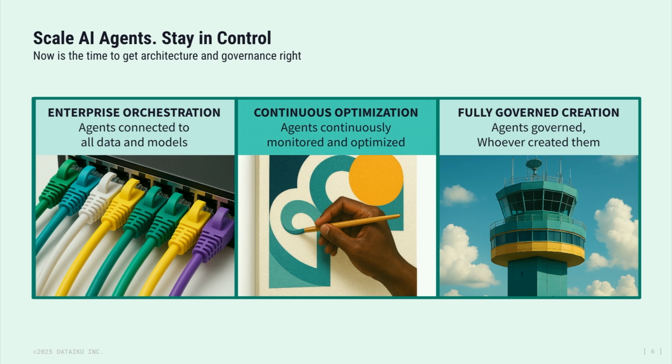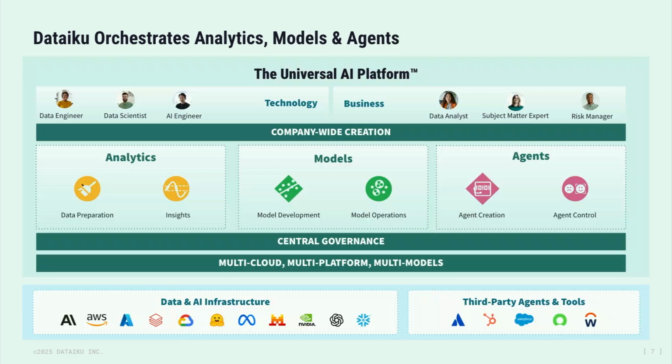Not dissimilar from the MLOps paradigm, but now attributed more so to agents and LLMs. And then the governance of these models is absolutely crucial as well. So being able to understand who created them, who signed off on these agents, under what circumstances it is considered to be a candidate for production, and who needs to be involved in that process. That's something that we consider absolutely crucial as well.